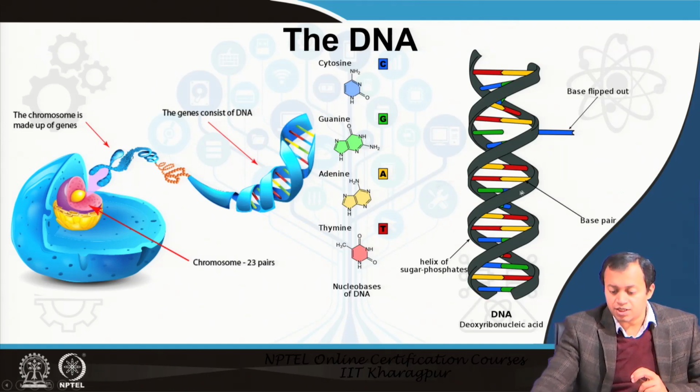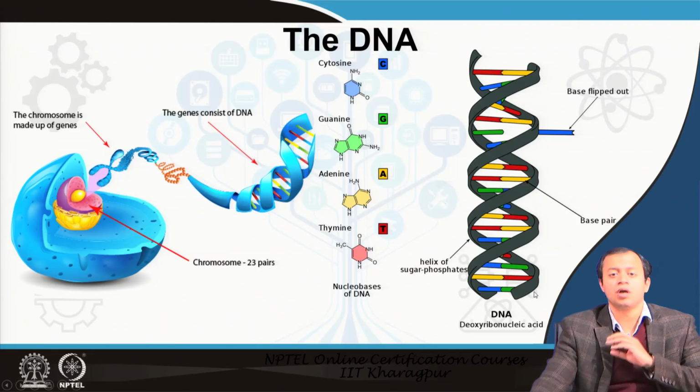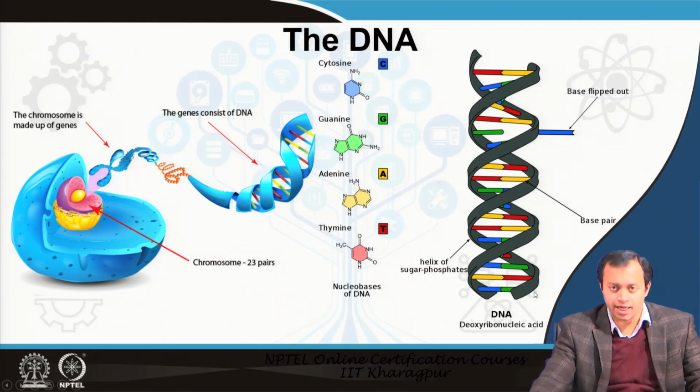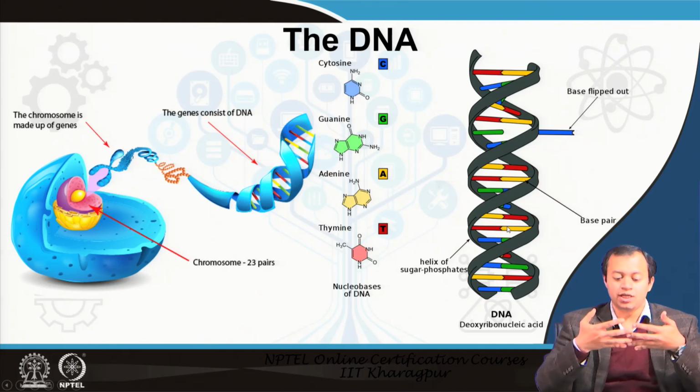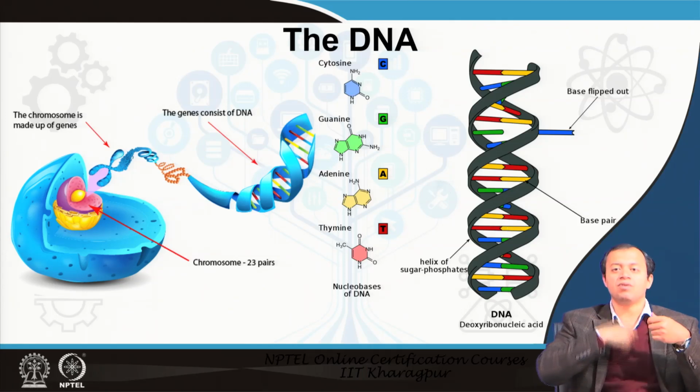So, this double helical structure, all of you have seen what DNA looks like. It is present from artwork to t-shirts to everywhere. Remember, the skeleton of this double helical structure is the sugar phosphate, and in between they have these bases, guanine, adenine, these base pairs, combined together like a zipper.